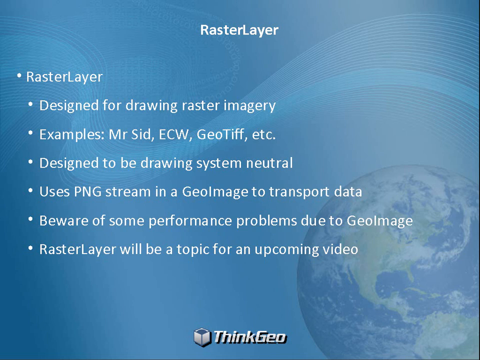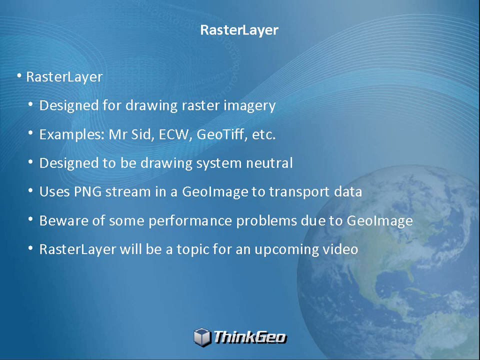But beware, what we've been noticing is that with heavy use of raster imagery, if you have a lot of different layers of raster data drawing, then the overhead of actually getting the data from its original data source, let's say ECW, then converting that and compressing it into a PNG stream, then we move that geo image compressed stream into the geo canvas, where we have to end up turning it back into some native form, like a bitmap to be drawn in GDI Plus or in WPF, has a performance hit on it.